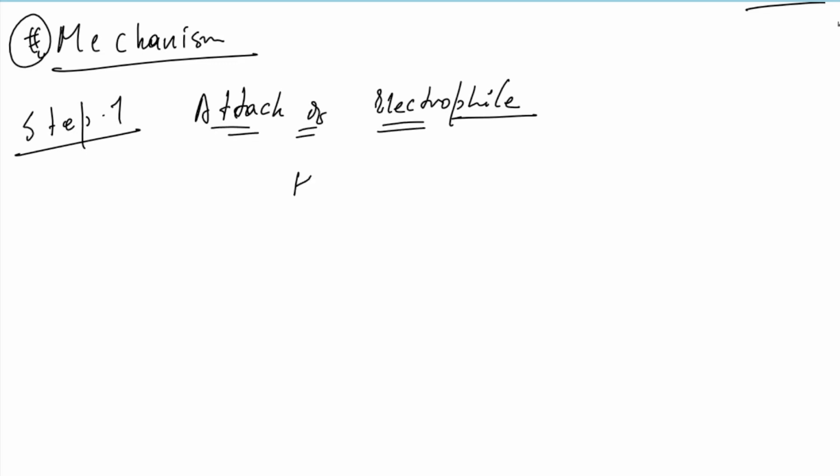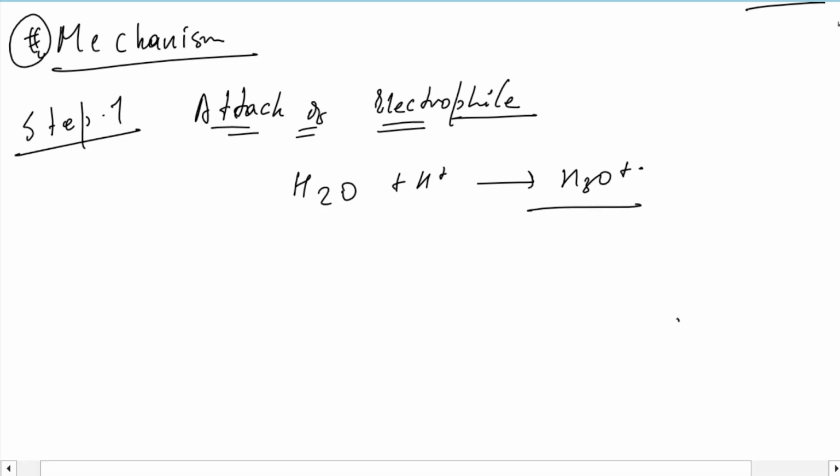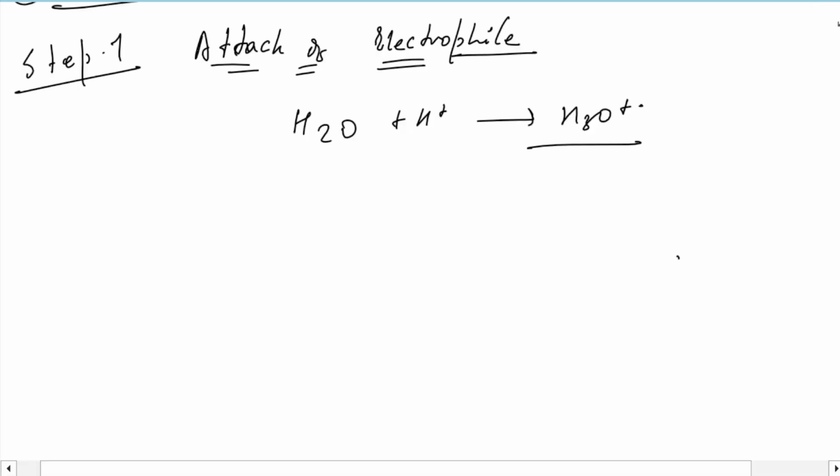First of all, what is the electrophile here? That's H3O positive. So whatever the alkene is, the electrophile will attack over it.